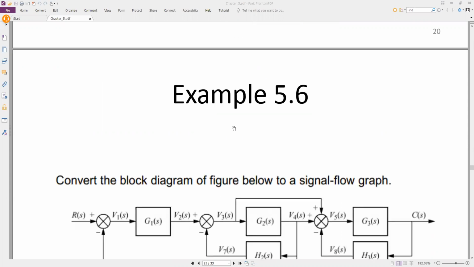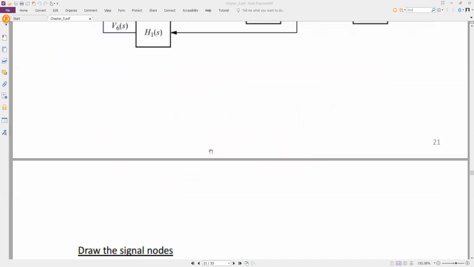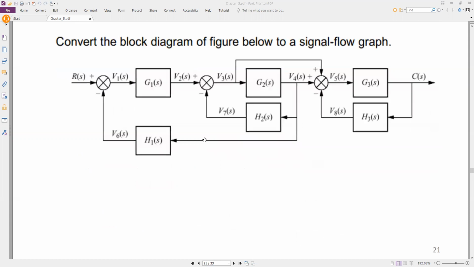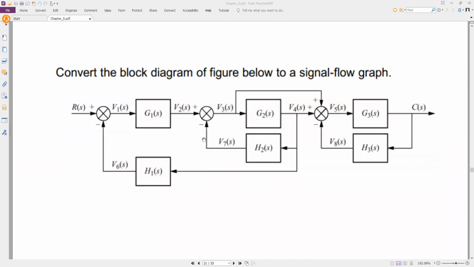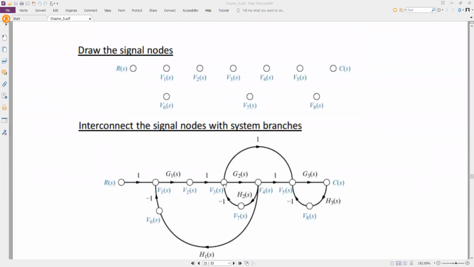Okay, we have another example. Convert the block diagram figure below to a signal flow graph. First of all, I need to find out how many signals there are and put those signals as nodes. Signal nodes, and then join them.